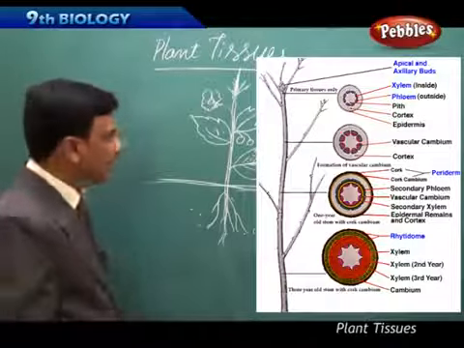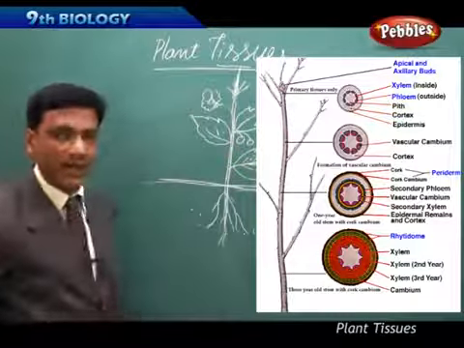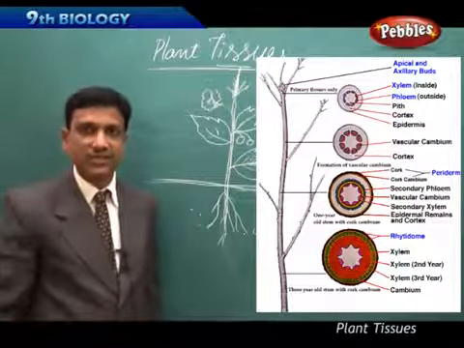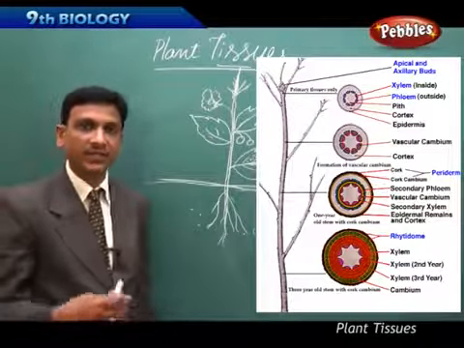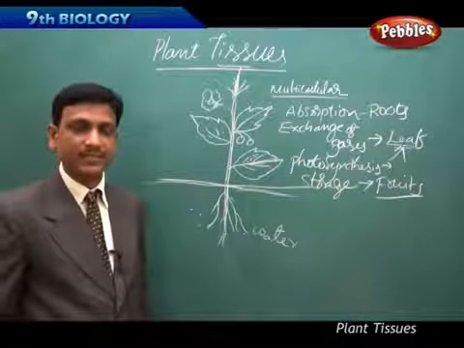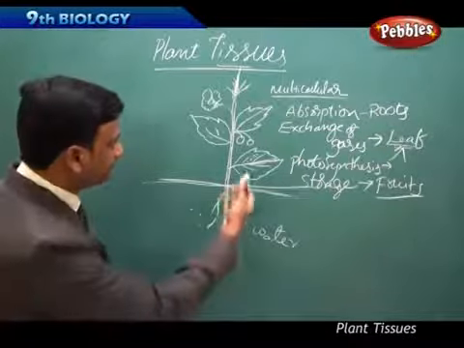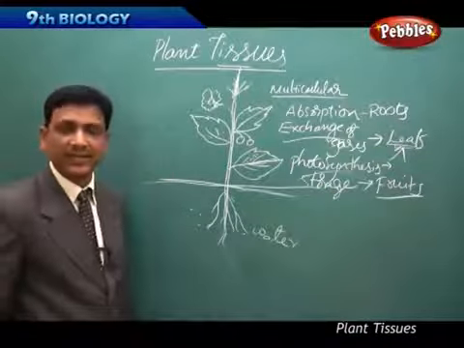So in this lesson, we are going to study the different types of tissues found in plants, their structure, and their functions, how they help the plant carry out its life processes like respiration, absorption, exchange of gases or photosynthesis. So let us see.